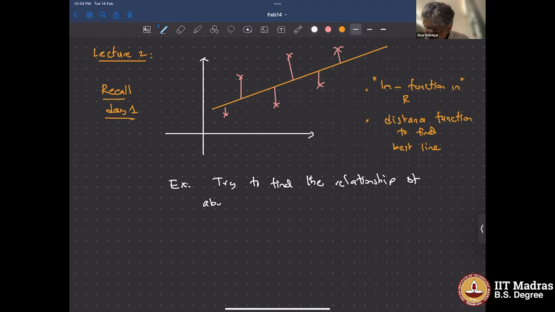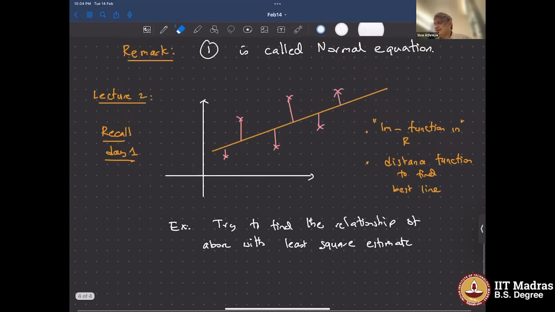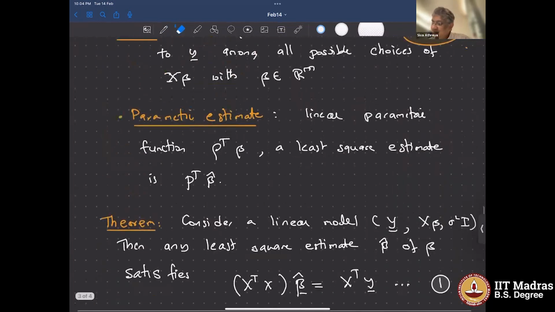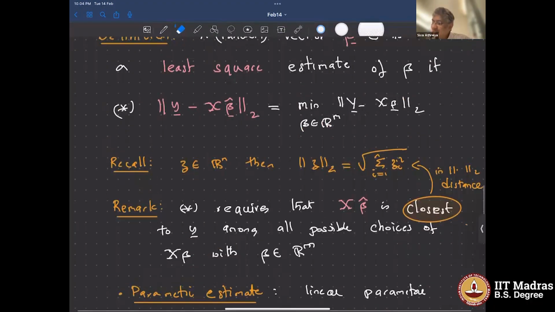I think it's not that hard. I can easily check that this is exactly what the least square estimate is doing. It's taking all the perpendicular distances to the line and trying to find the best line that minimizes the distance. So it is able to find this beta hat that minimizes this quantity here.